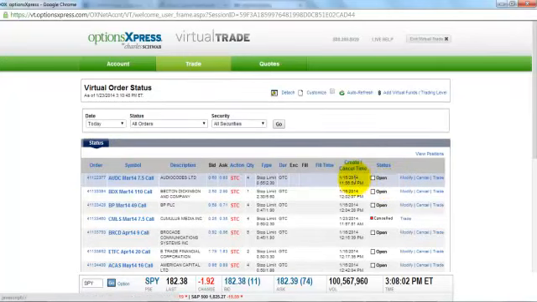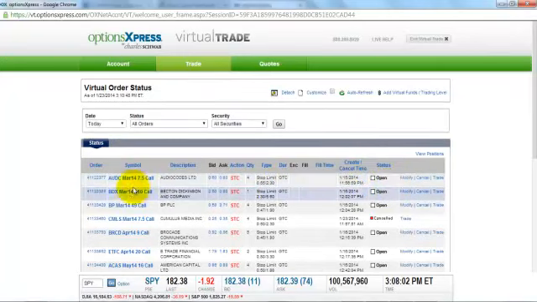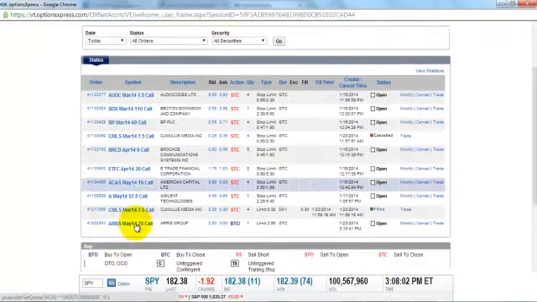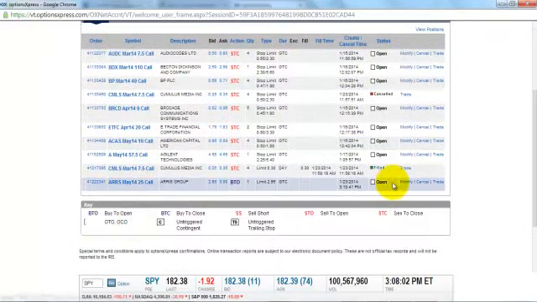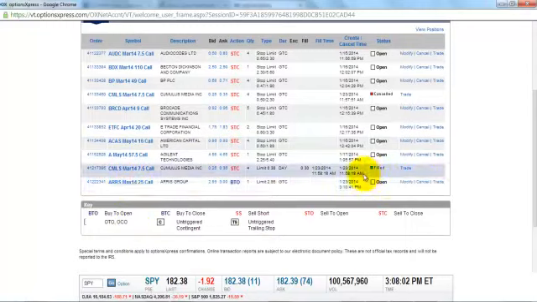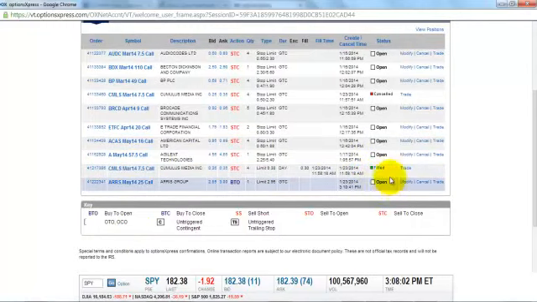So at the moment, ARRS, where is that? Yeah, at the moment here. ARRS, it says open. So I'll leave it until it's filled, or I'll keep on checking. If it's not filled, I'll just change the $2.95 limit price.